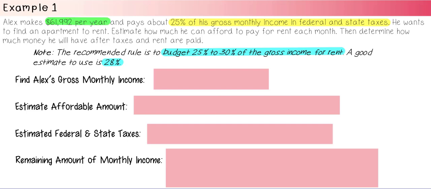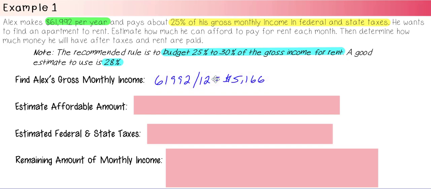So we'll take that $61,992 and divide by 12. So he grosses about $5,166 each month. Now remember, this is what he makes before taxes.